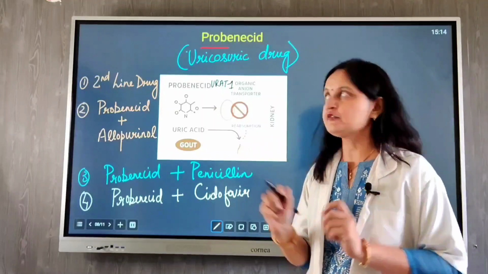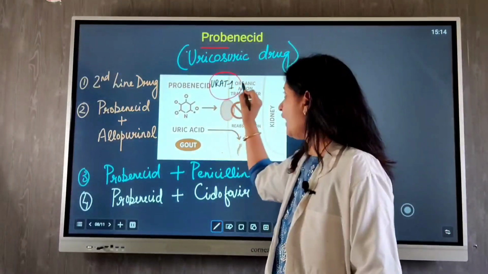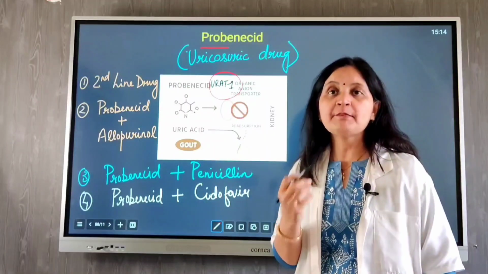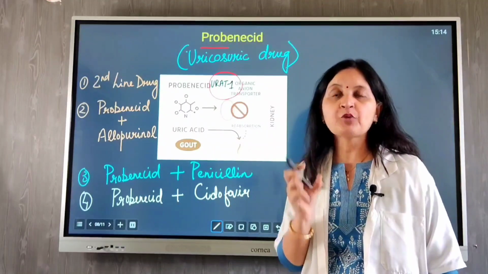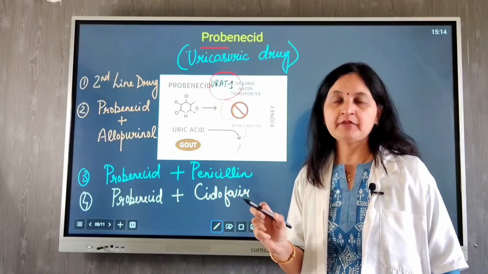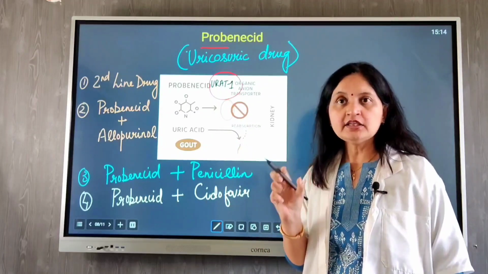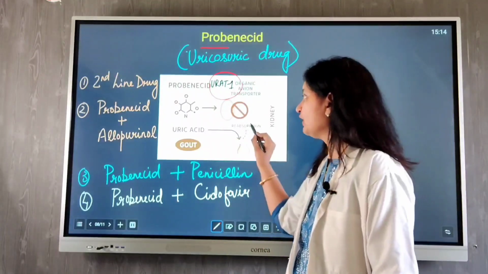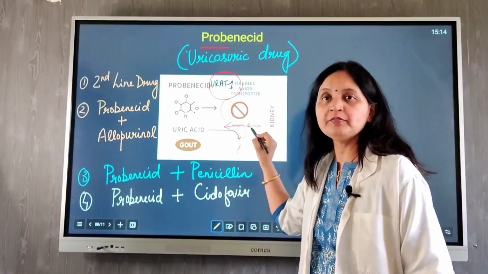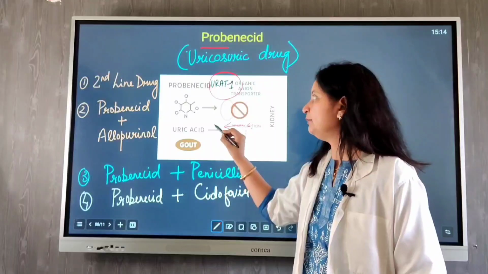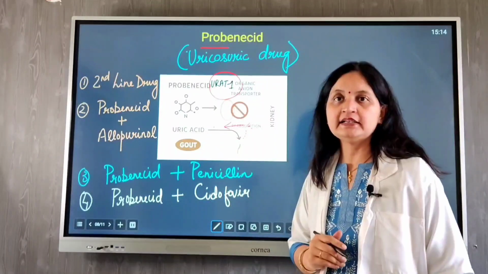The urate transporter URAT1, which is a member of the organic ion transporter protein family, is expressed in the proximal tubule of the kidney. Now do note that this transporter is responsible for reabsorption of uric acid from the tubular urine into the blood, raising the uric acid level.